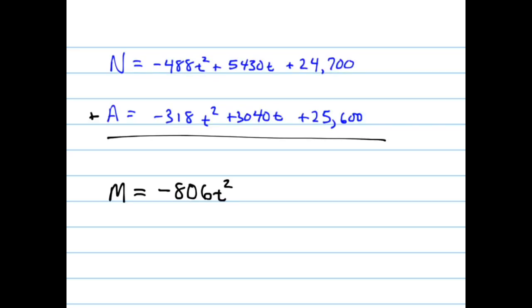Then I add the 5,430 T plus 3,040 T, and I get 8,470 T. And I'm going to add the 24,700 and the 25,600. I'll get a total of 50,300. So this represents the total attendance in both leagues for that period. So if I wanted to find the total number of people in a specific year, I would plug in the T value for that year and evaluate.